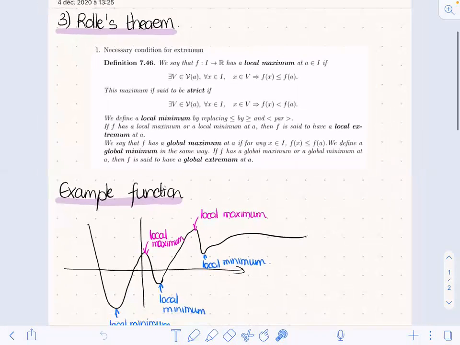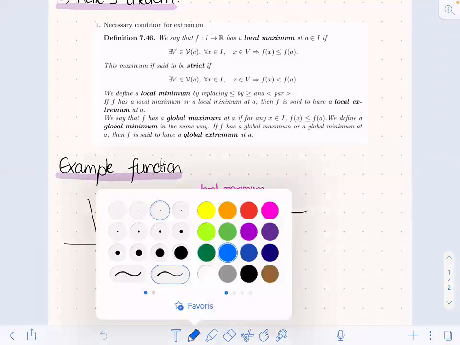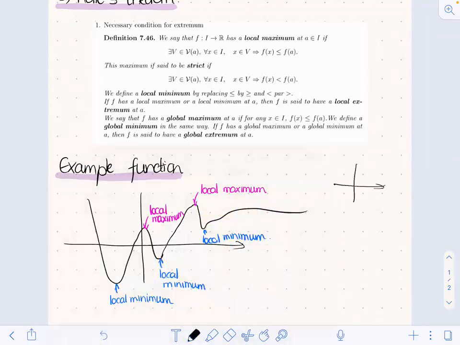What I was talking about when I was writing all of this was the idea of a local maximum or a local minimum for a function. Generally so far, if you've ever talked about minimums or maximums for a function, for example, you could talk about the minimum of x squared, behaving roughly like this.